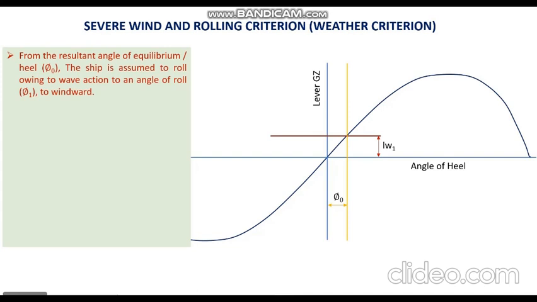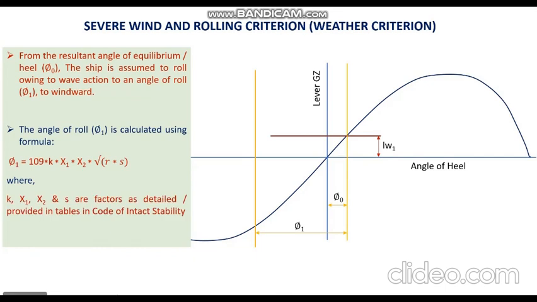From the resultant angle of equilibrium phi 0, the ship is assumed to roll owing to wave action to an angle of roll of phi 1 to the windward. The formula for calculating phi 1 is based on formulae and tables contained in the Code of Intact Stability.